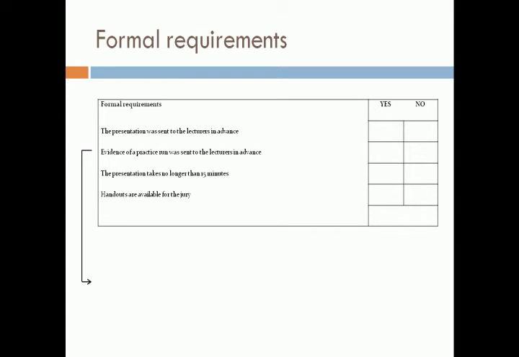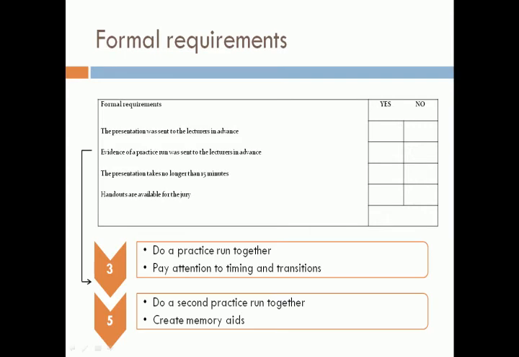If you think back to the process that we described for preparing a group presentation, you may remember that there were two stages in which you did a practice run. First of all, in the third stage, you did a preliminary practice run. Everybody had prepared a particular part of the presentation, and in this practice run you wanted to check how it all went together, whether everybody got their timing right, whether there was not too much overlap between presentations, and how you could provide smooth transitions from one topic into the next.